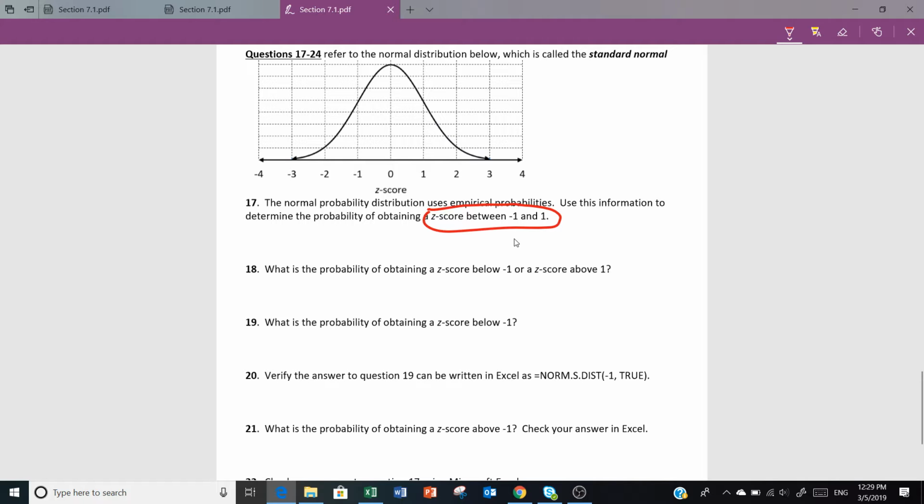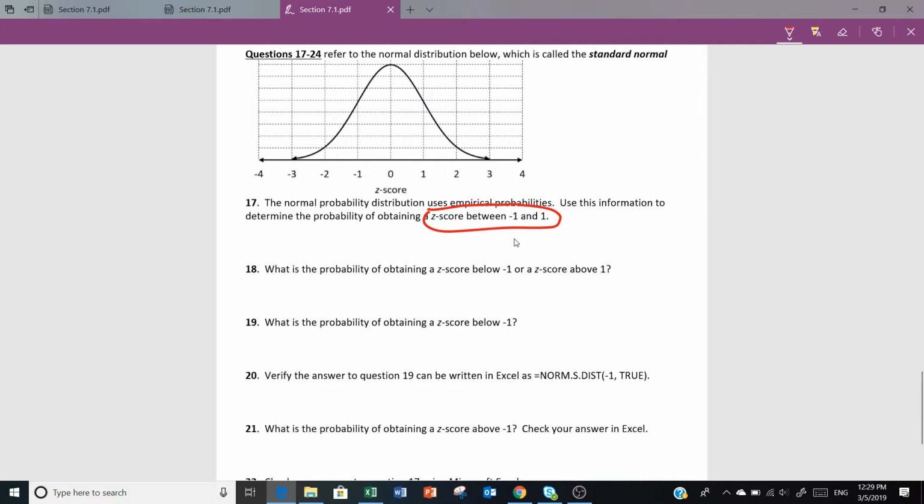Since if we know that there's 16% below, what percentage is above?